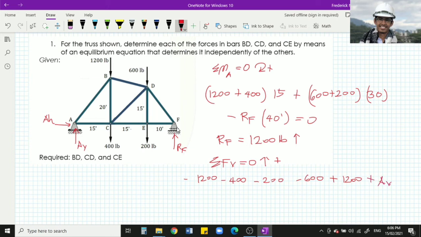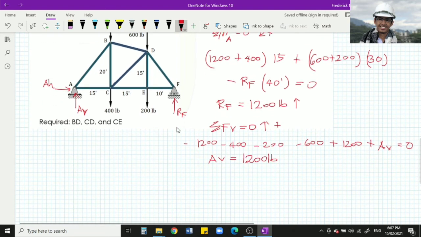Okay? This is A vertical. Is equal to 0. So, solving for A vertical, that will be equal to same din, 1,200 pounds. Okay? So, 1,200 pound yung A vertical natin. So, yung AH natin, automatic magiging 0 yan kasi wala naman tayong forces na nag-act horizontally. So, AH will be equal to 0.